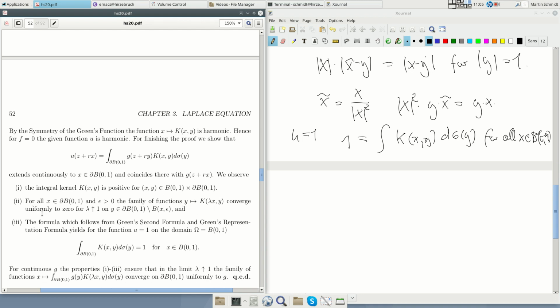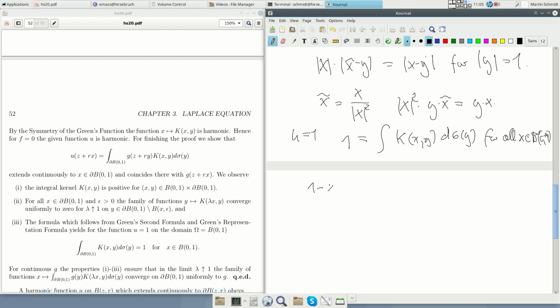this function converges uniformly to 0 if lambda goes to 1, because 1 minus |x|^2 goes to 0 for the absolute value of x going to 1.